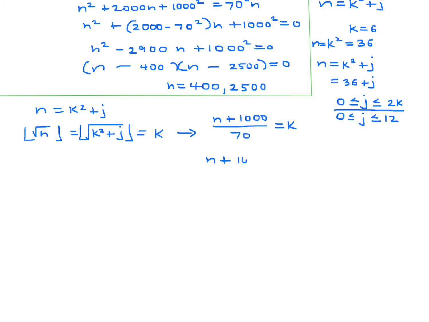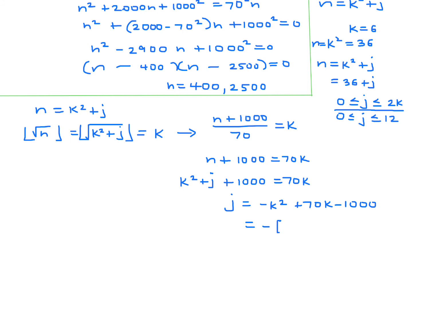Cross multiply and you get n plus 1,000 is equal to 70k. Now n is k squared plus j, so I substitute that in: k squared plus j plus 1,000 is equal to 70k. I'm going to isolate j, so that gives me j equals minus k squared plus 70k minus 1,000. We can factor this if you really want: it's negative (k minus 20)(k minus 50).